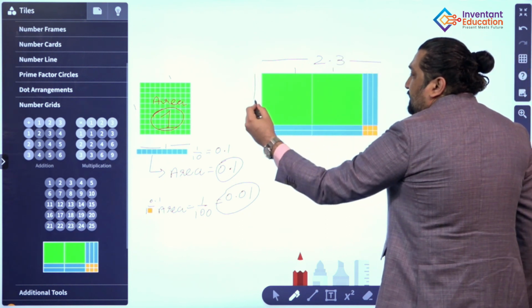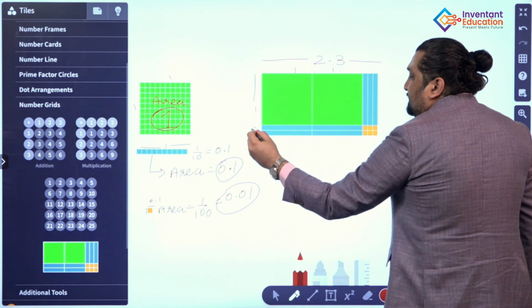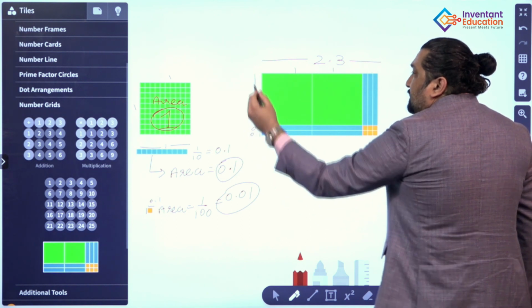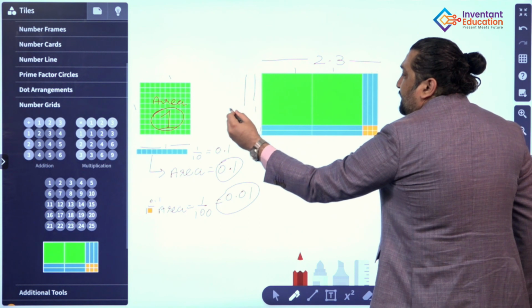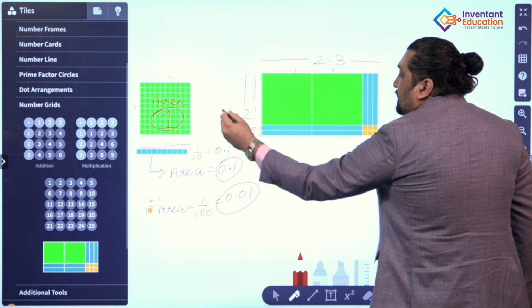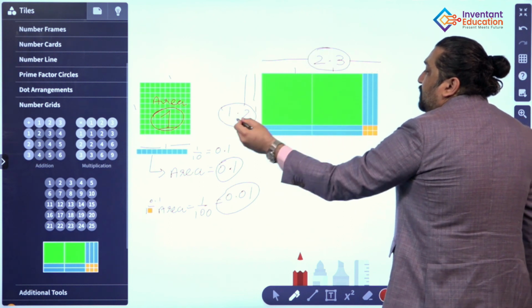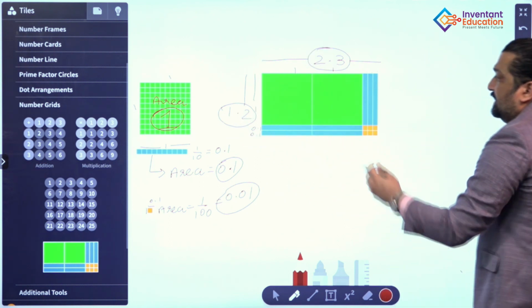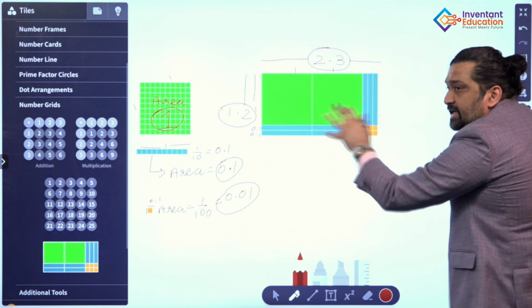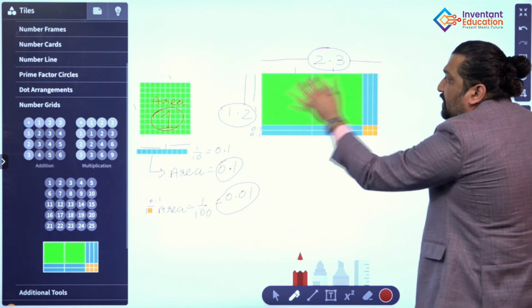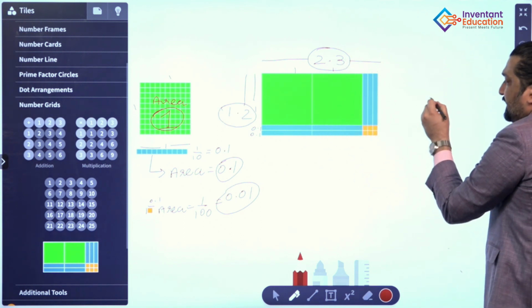If this is 1 and this is 0.1, 0.1, so this entire side will be 1.2. So if I multiply 2.3 and 1.2, the area of this rectangle should be the product of 2.3 and 1.2. Let's see how it works.